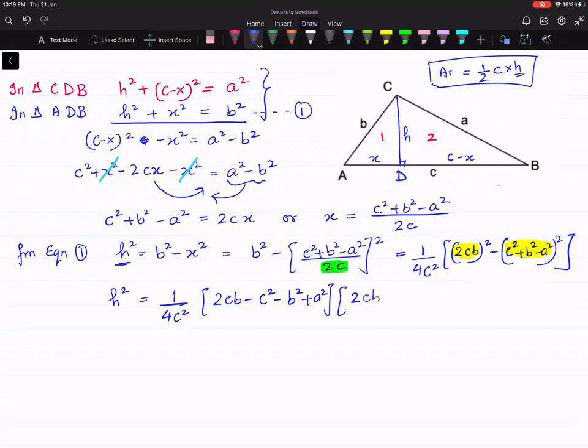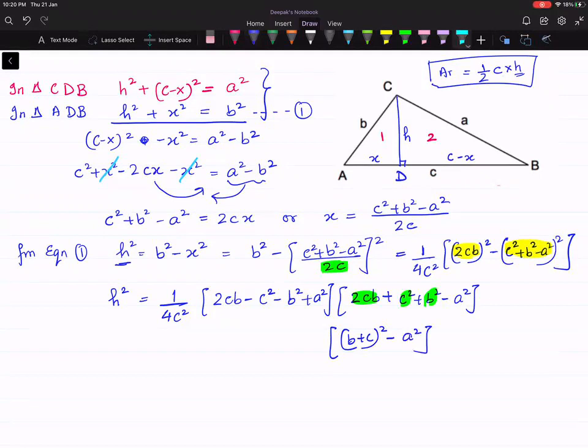So this is 2cb plus c square plus b square plus a square. This thing is not plus but minus a square. So here this is b square, c square, and 2bc. So this gives me a formula for b plus c whole square minus a square.